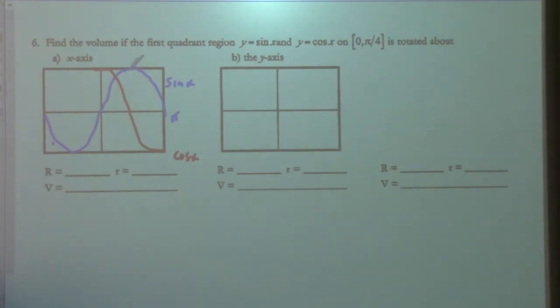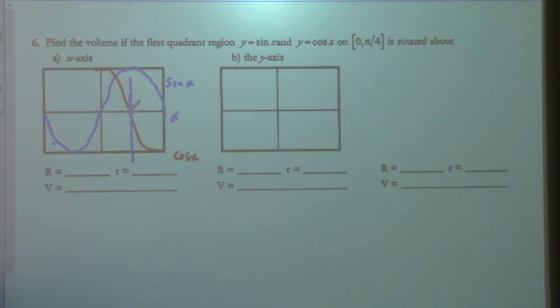Actually, we're doing between pi over 4, so we're talking about right here. So we're bounded by that. We're talking about this piece right here. Is that where it's bounded? And we're rotating about, wait a second, 0 to pi over 4.